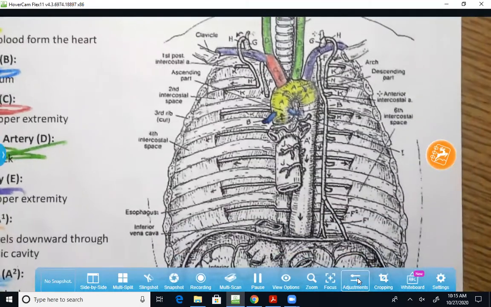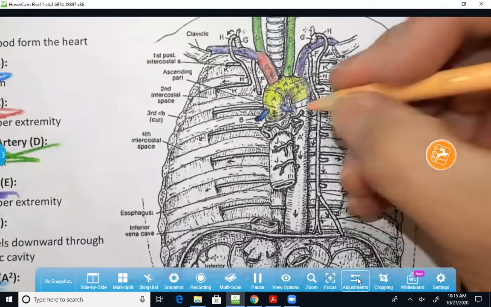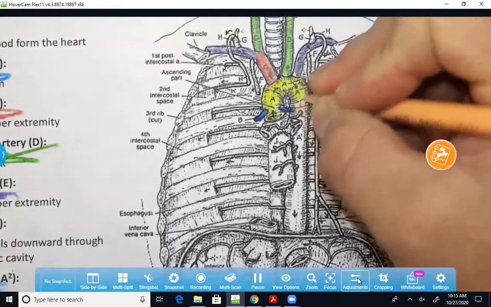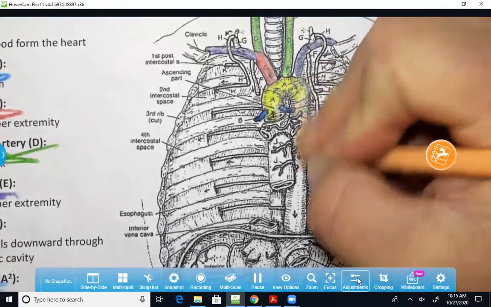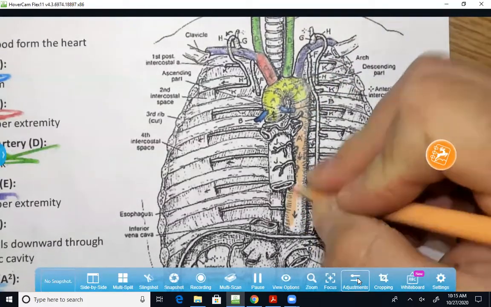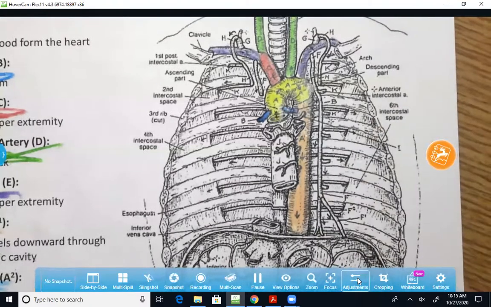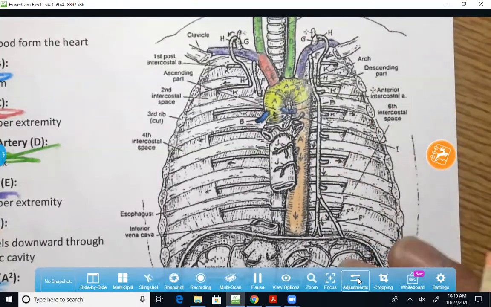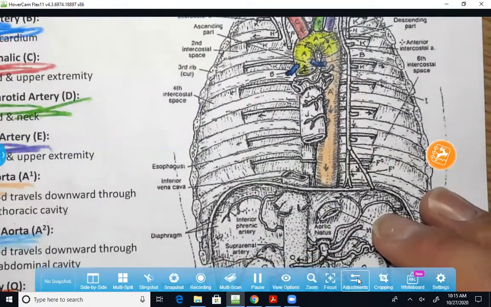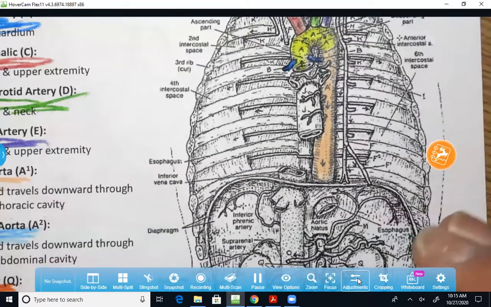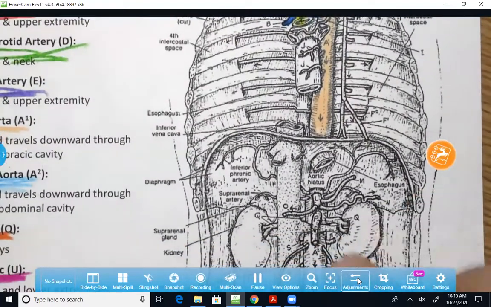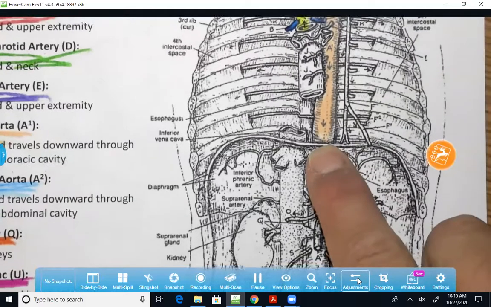All right, back to the aorta. Now that we've created the arch by performing the U-turn, we'll change and call it the thoracic aorta as it travels down through our thoracic cavity. It actually passes through the diaphragm.